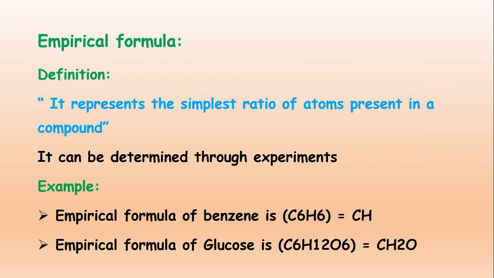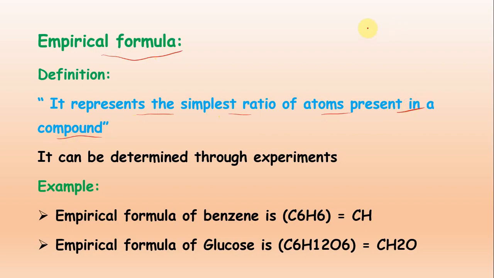Now the last topic which we are discussing, which is very important: what is empirical formula and how to calculate the empirical formula. What is empirical formula? It represents the simplest ratio of atoms present in a compound.